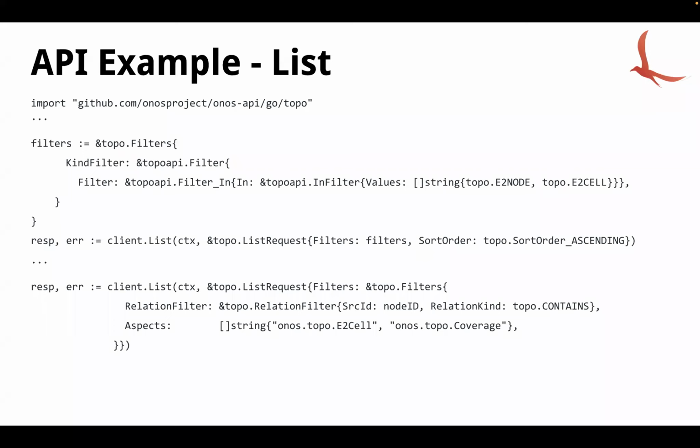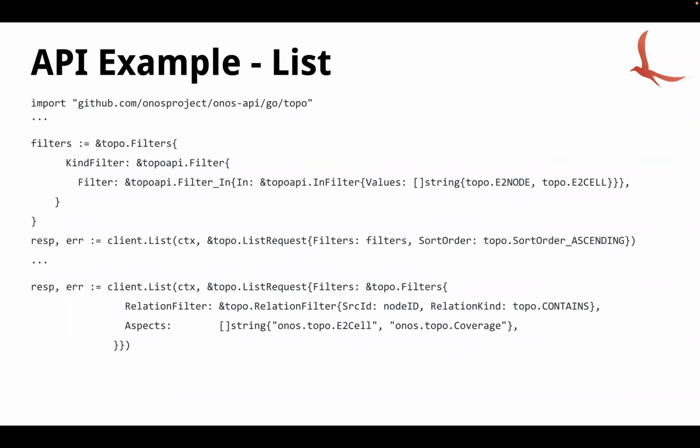While in the aspect, we still get a similar proto reference. In the last line, we filter by aspect, and we have onos.topo.e2cell. Yeah, that's a type URL string. But it is pointing to the topo.e2cell object, or rather it's a type URL for onos.